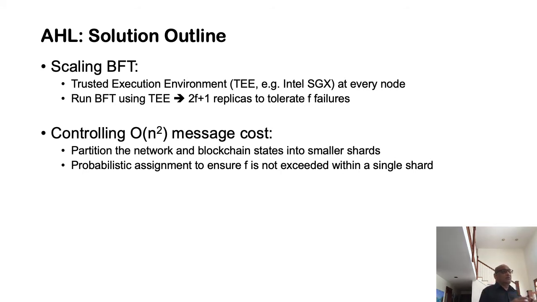And one observation they make is that when you do this shard assignment to the nodes, you can run into a situation where a particular shard is assigned nodes where the number of malicious failures exceeds the threshold. For that they propose a probabilistic assignment, which allows them, with a very high degree of confidence, to ensure that such is not going to be the case.